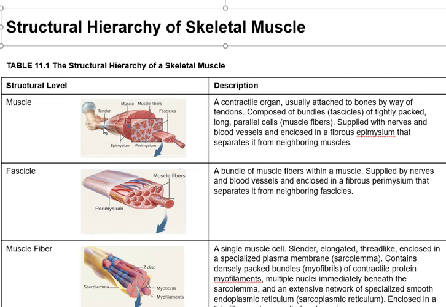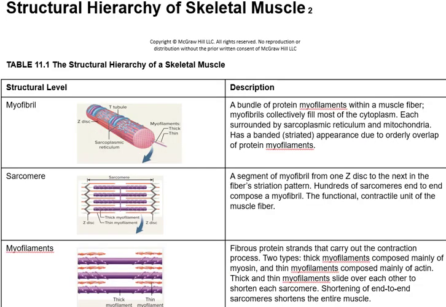So here's our muscle, and we have the tendon, and we have the epimysium, and then the perimysium, and then if we look closer, we have the endomysium. Within the fascicle, we have muscle fibers, which again is a name for muscle cells. And then within the muscle fibers, we have myofibrils. So there's your myofibrils and your myofilaments within the myofibrils.